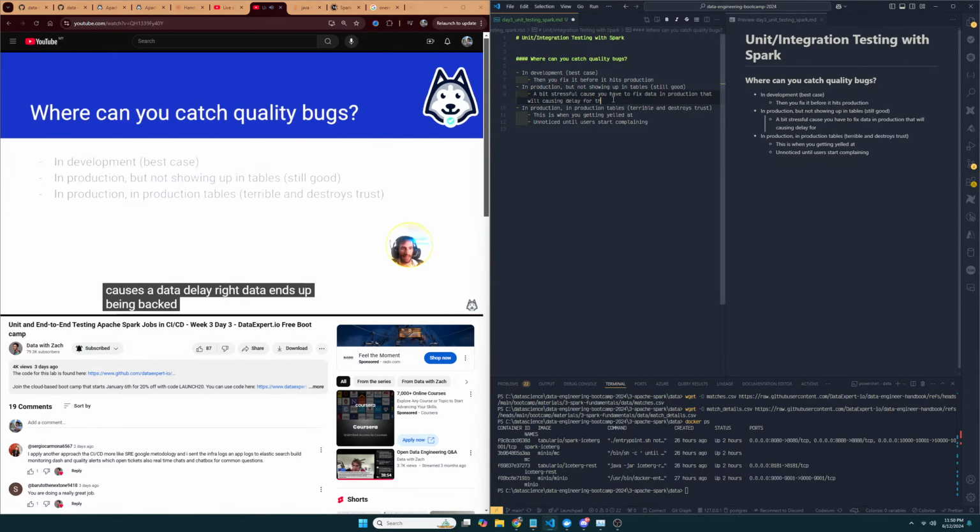Data ends up being backed up, and some people might complain to you like, why is the data behind? And it's because it failed a quality check.